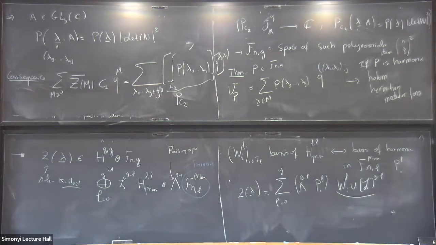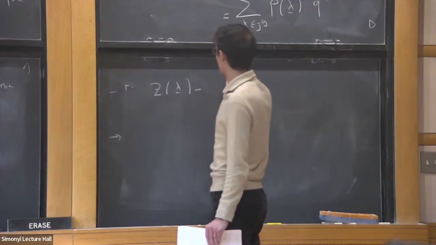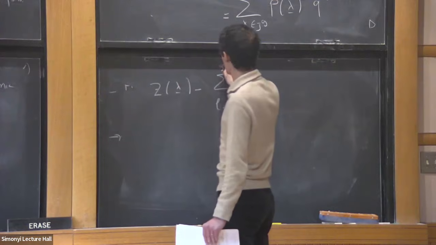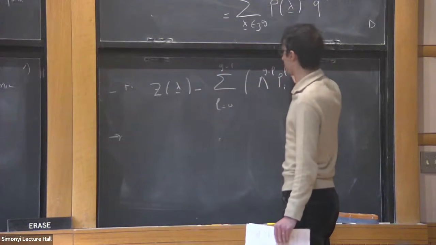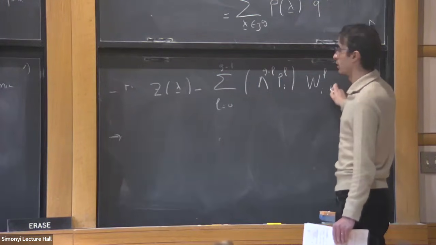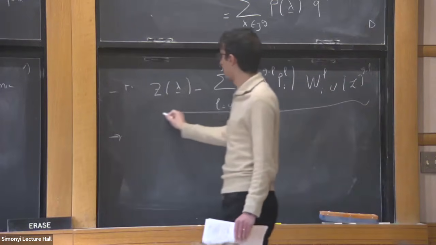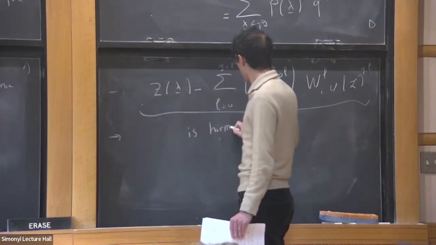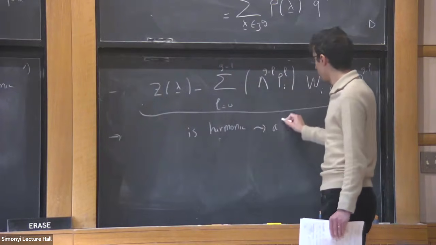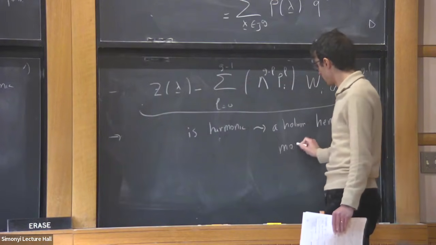So, punchline. Z lambda bar minus the sum from L=0 to G minus 1 of these polynomials times W_L coupled with L to the power G minus L. That generating series is harmonic, and so defines a holomorphic Hermitian modular form.